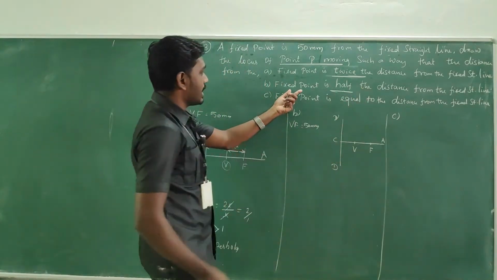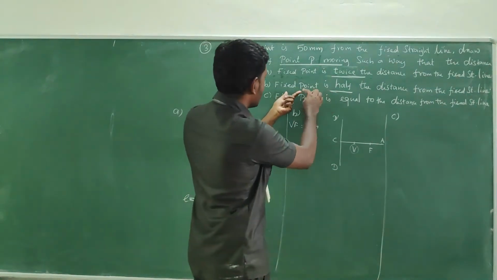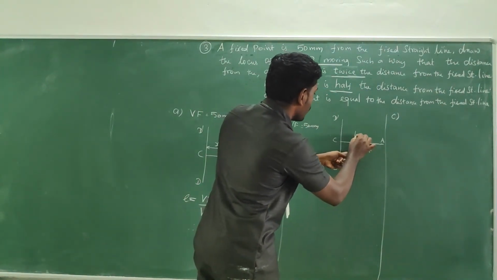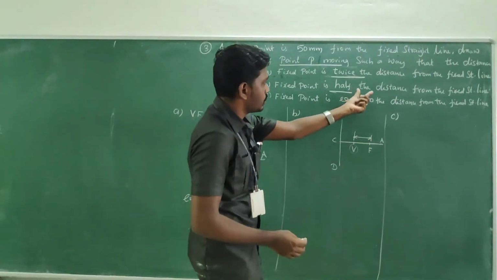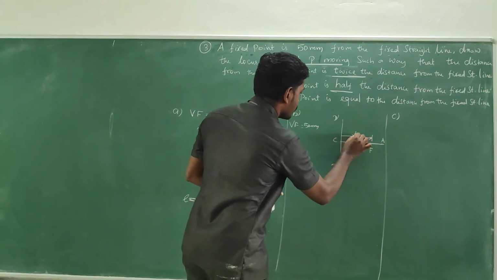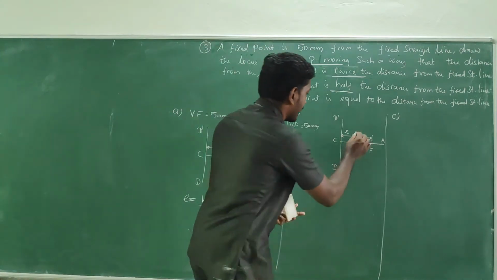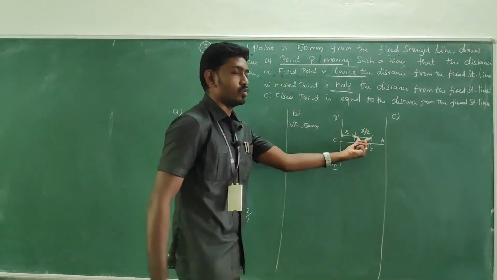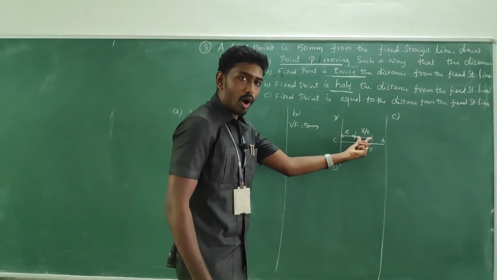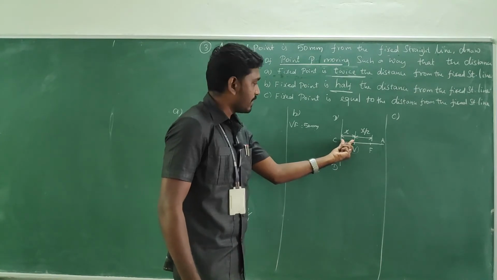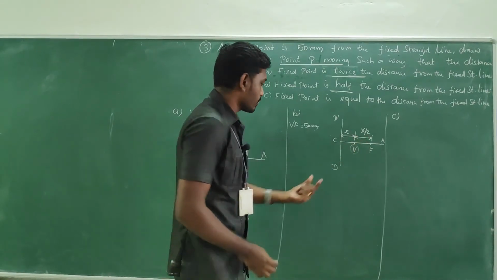Here it is mentioned that the distance from the moving point to this fixed point, that means to the focus, is half the distance from the fixed straight line. So if I take this CV as h, I can say this is h divided by 2. This fixed point distance is half the distance of the fixed straight line, right? So I have taken this as h and this as h by 2.